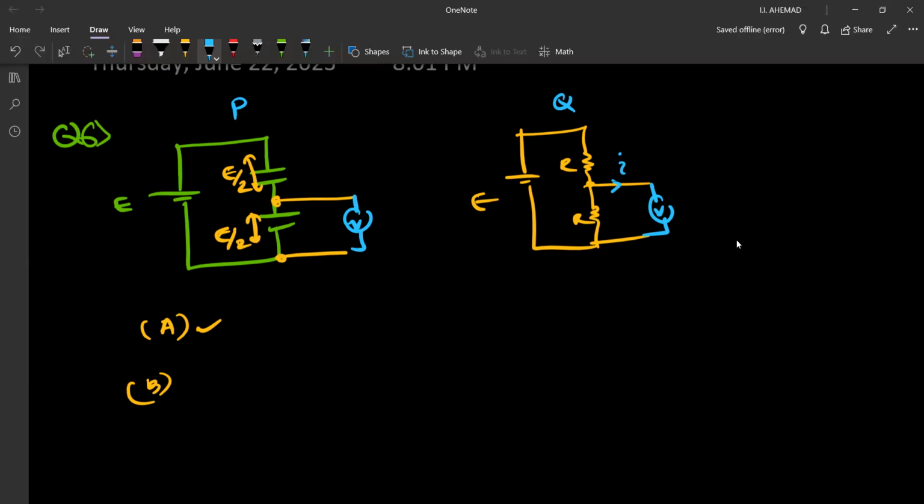Now, here, in case of P, the capacitor is charged. So when we connect a circuit parallel to it, now it has a circuit to discharge itself.